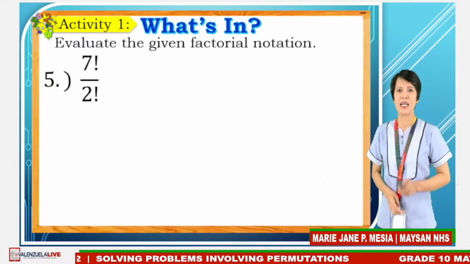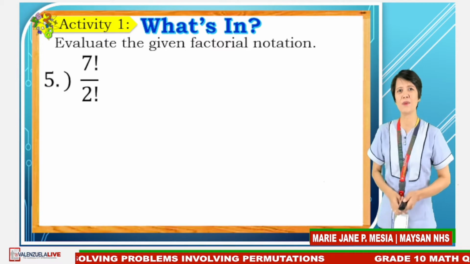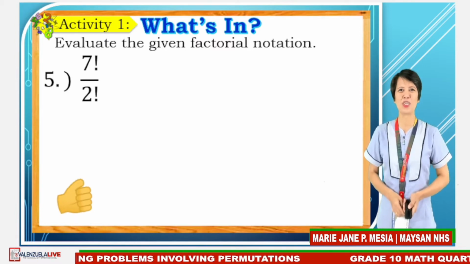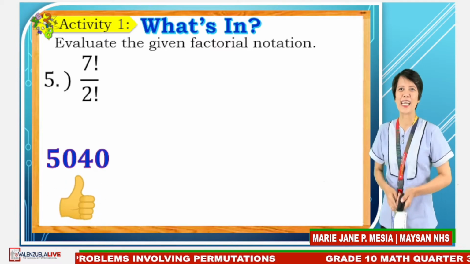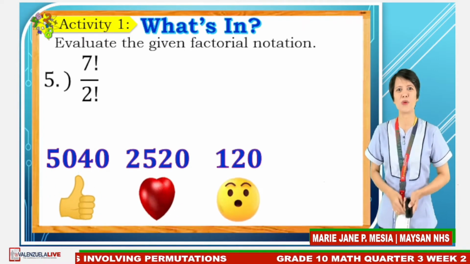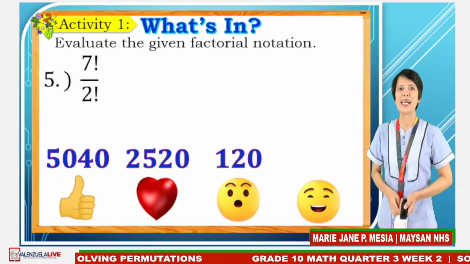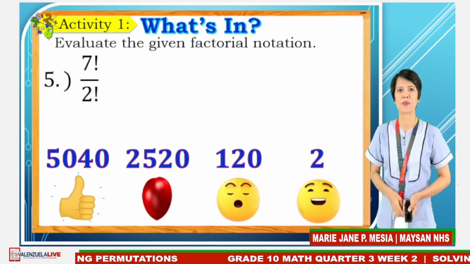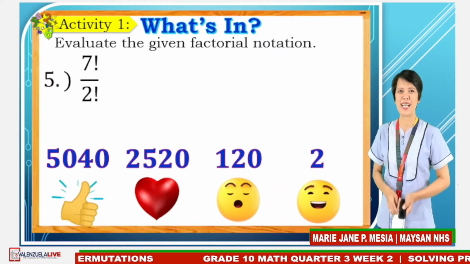Number 5, 7 factorial divided by 2 factorial. In like emoji, we have 5,040. In heart emoji, we have 2,520. In wow emoji, we have 120. In haha emoji, we have 2. Okay, set the timer now.